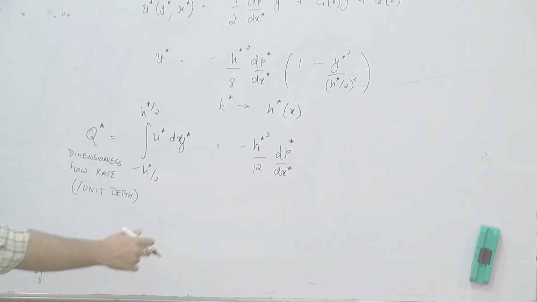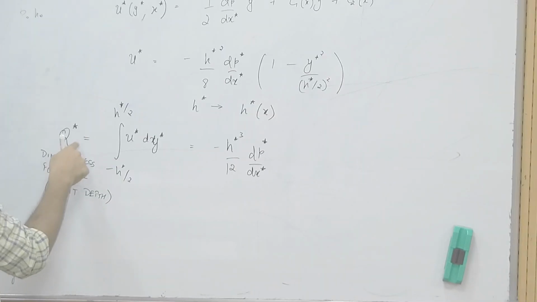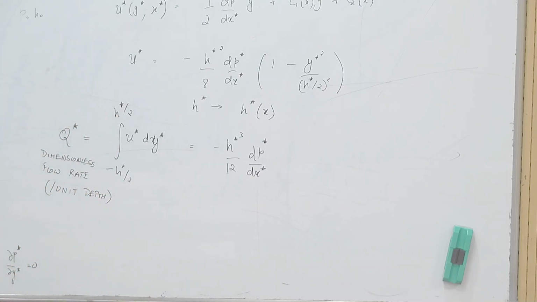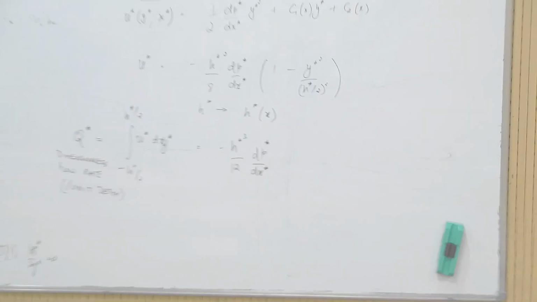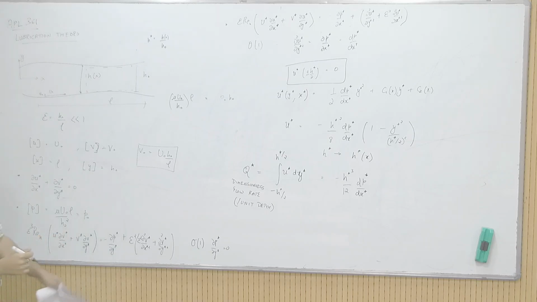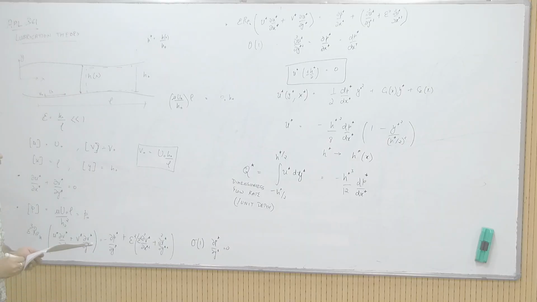Okay. And from here we said that for a given flow rate, we want some constant flow rate throughout the channel, right. Can this flow rate change in x?